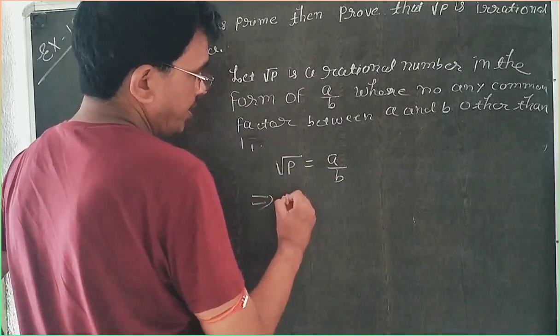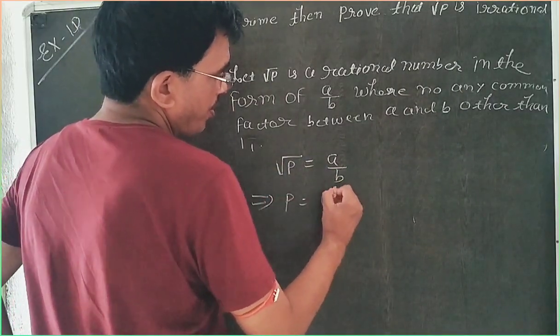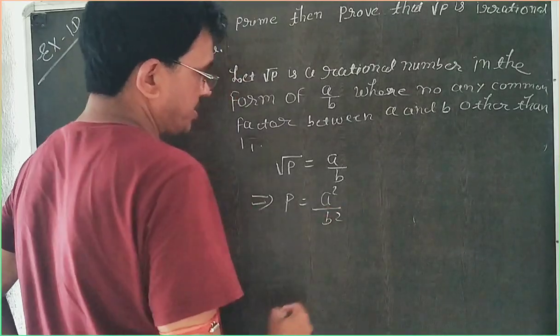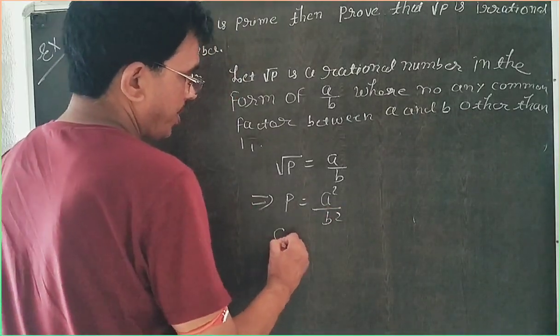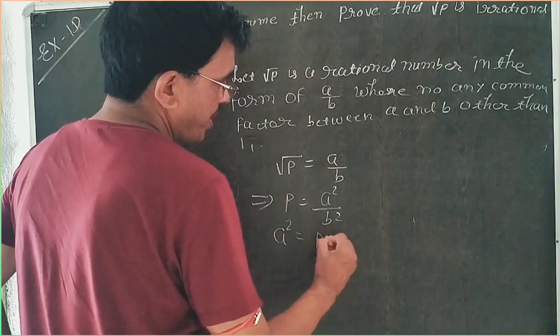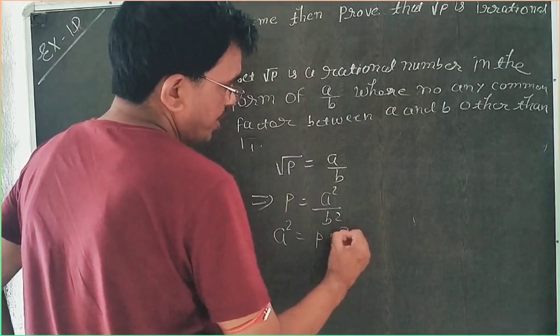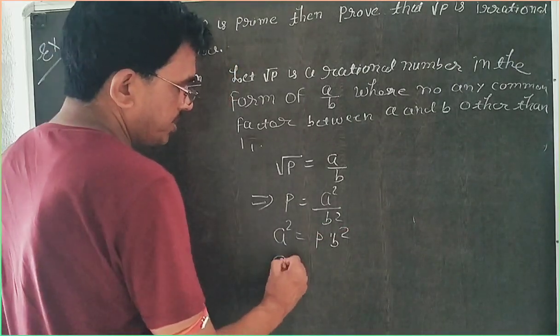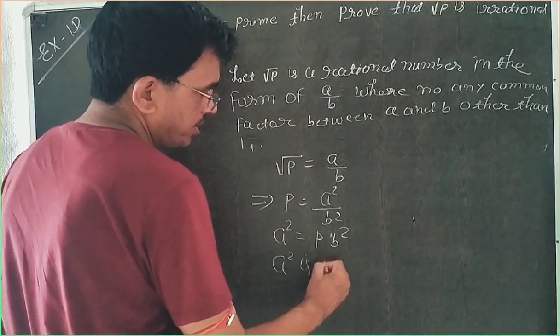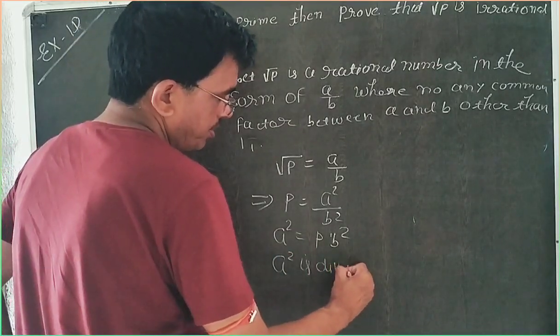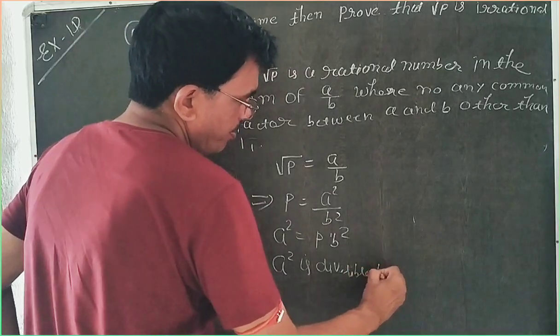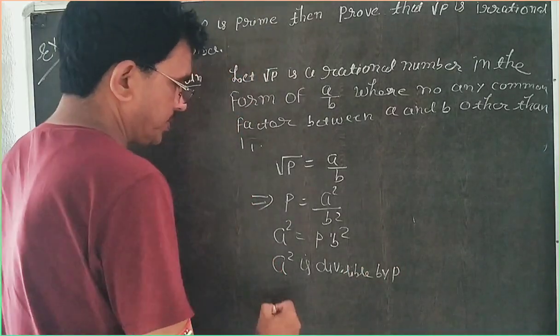Squaring both sides, then you get P is equal to a square by b square. Therefore, a square is equal to p into b square. That means a square is divisible by p.